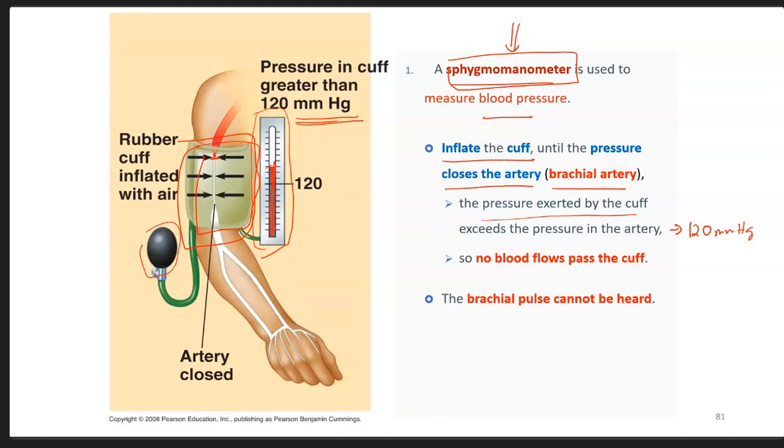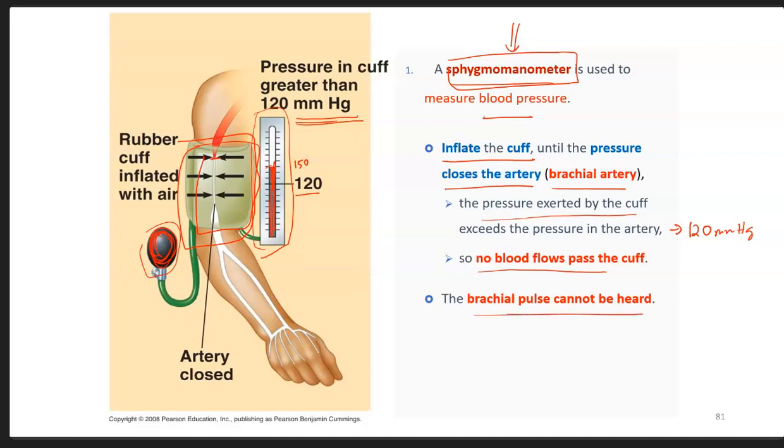You press the black bulb until the cuff is inflated and the reading exceeds 120, it can reach up to 150 millimeter mercury. The pressure is higher than the blood pressure in the blood vessel, so this will close the blood vessel and stop the flow of blood in the brachial artery. No blood flows past the cuff, so the brachial pulse cannot be heard.